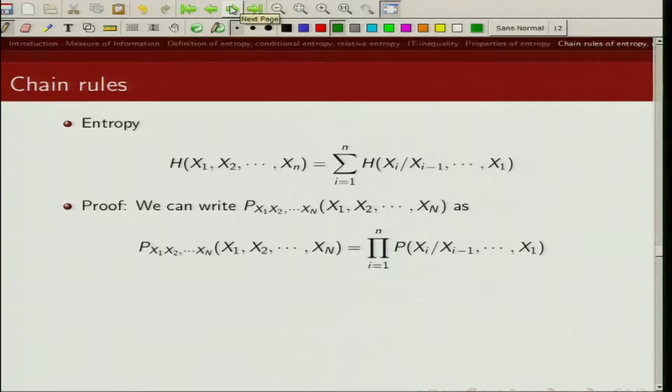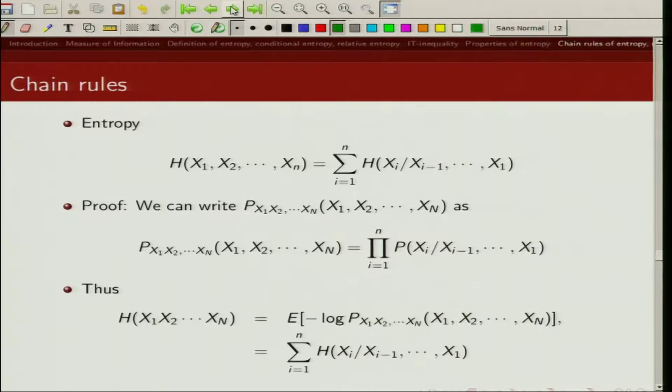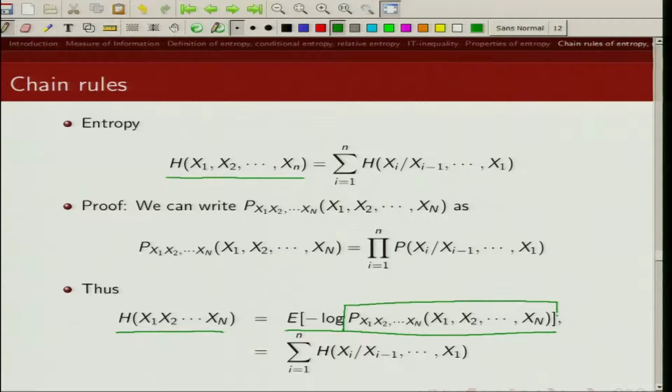So how do we prove it? We will write this joint distribution in terms of conditional distributions. Now we will invoke the definition of joint entropy. What is the definition of joint entropy? It is the expected value of minus log of this joint distribution. And this is given by the product of these conditional probabilities.